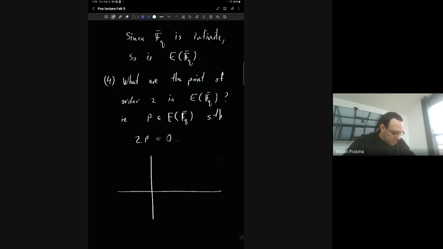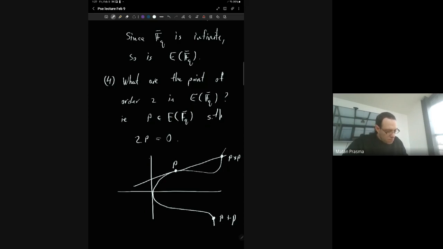This is in the real case. We need to take the tangent to P, and it intersects with another point on the curve, just one other point. We can call it P star P, and we reflect. We get the definition of P plus P.